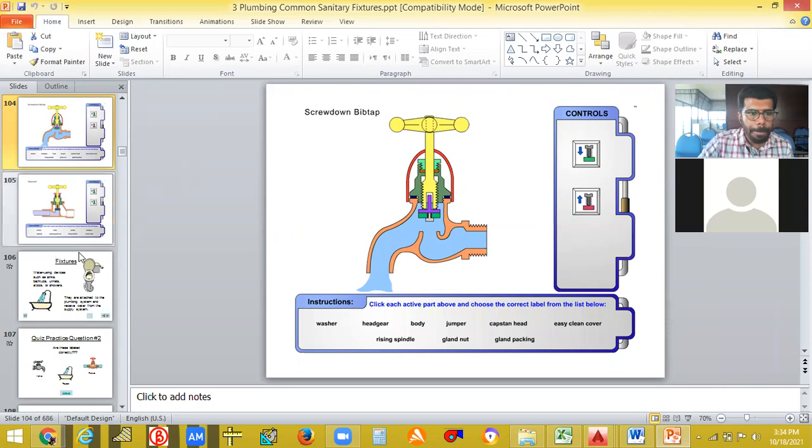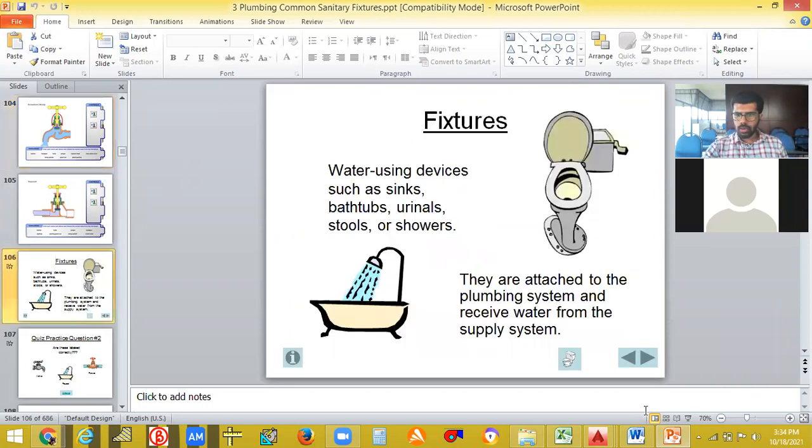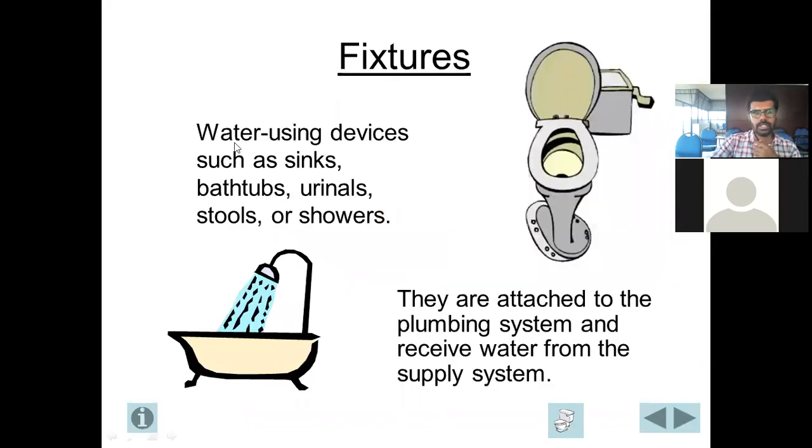Now, these are fixtures, water using devices such as sinks, bathtubs, urinals, stools or showers. We could call it as fixtures. They are attached to the plumbing systems and receive water from the supply systems.